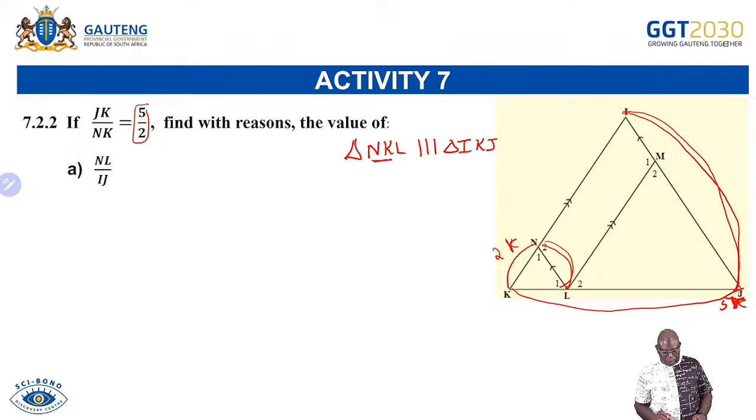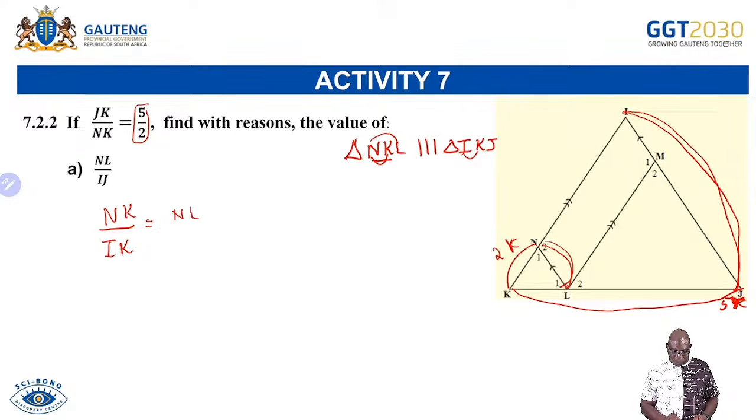From the similarity, I can say NK over IK is equal to NL over, tell me the denominator there. If I say NL, what should I say on the other side? IJ. Right. So if I look at NK, what is NK here? It's 2R.